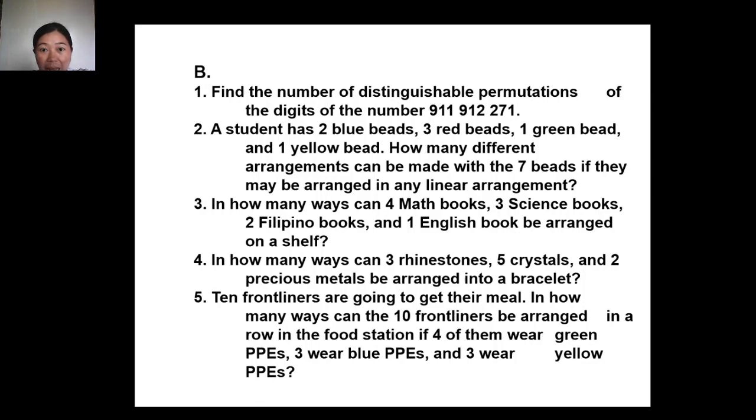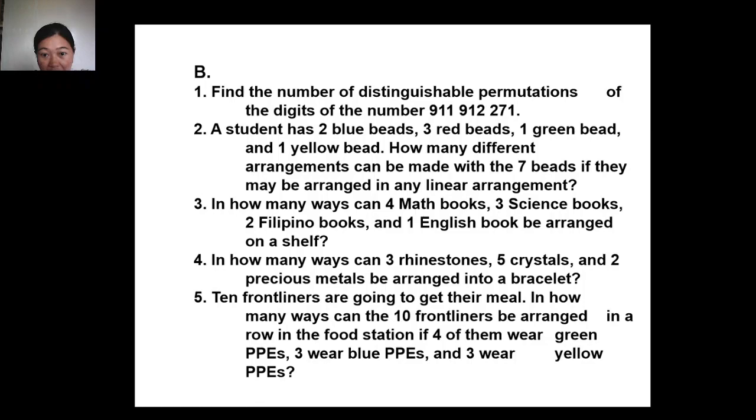Pero, lahat ng objects mo, i-add mo kung ilan ang bilang ng beads para yun ang value ng n. Okay? For number 3, ayun, yung example ko kanina, yung may magkakaparehong aklat, kasi 4 yung math books, 3 yung science books, 2 yung Filipino books. So, ang hindi lang naulit ay English, walang kaparehong aklat na English, nag-iisa lang yung English. So, things are alike.